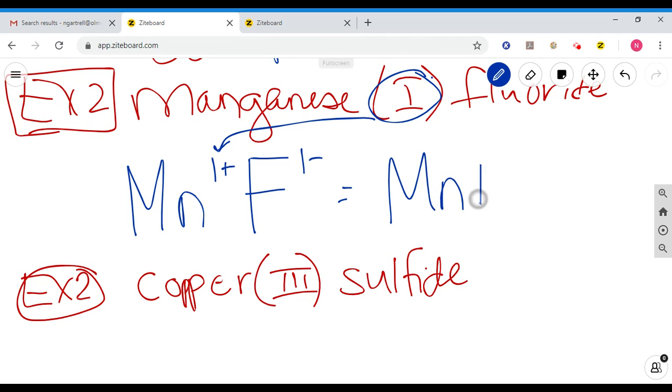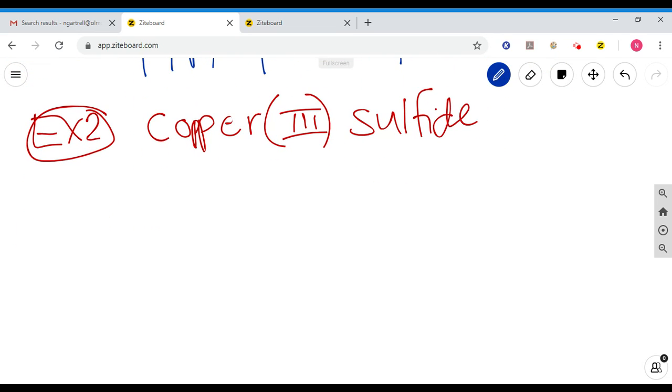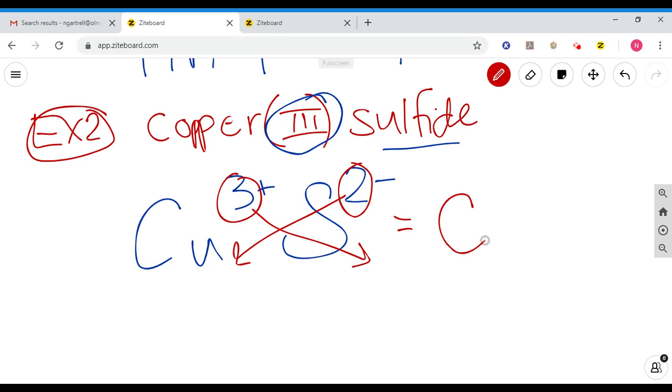Mn, F. And then we have copper 3 sulfide. So copper is Cu. Here's my 3. Sulfide is S2 minus, because it needs 2. It's in group 16, so it has 6 valence electrons. And these crisscross because they do not have like charges. So you have Cu2S3.